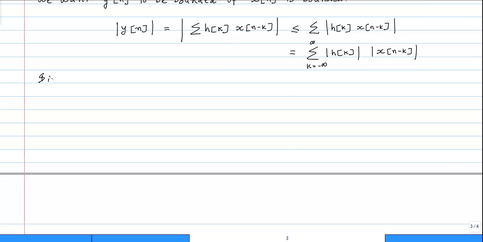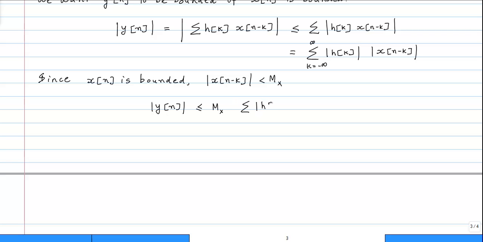Well, since x of n is bounded, we know that the magnitude of x of n minus k is smaller than some number, and let's call that m sub x, because it has a bound. So what that means is that the magnitude of y of n is less than or equal to the bound on x times the sum of the magnitudes of h of k.